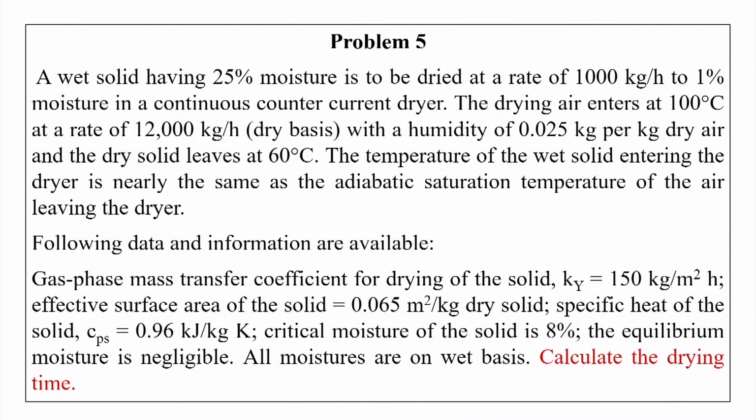Zone 3 is only heating of the final dried product to the final desired temperature, and in zone 1 the initial drying starts, and in zone 2 the temperature remains almost constant throughout the drying period. So, we will be solving this systematically.